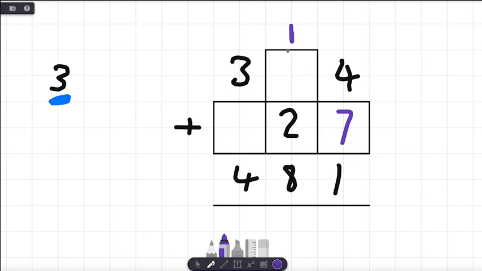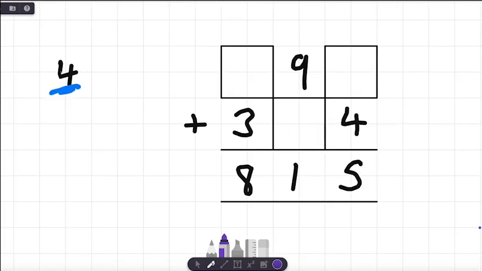And now over here we're going to have 1 plus 2 plus something else is going to give us our 8. 1 plus 2 is 3, so this must be 5 tens up here. And then here we've got 3 plus something equals 4. We must have 100s, so 354 plus 127 equals 481.